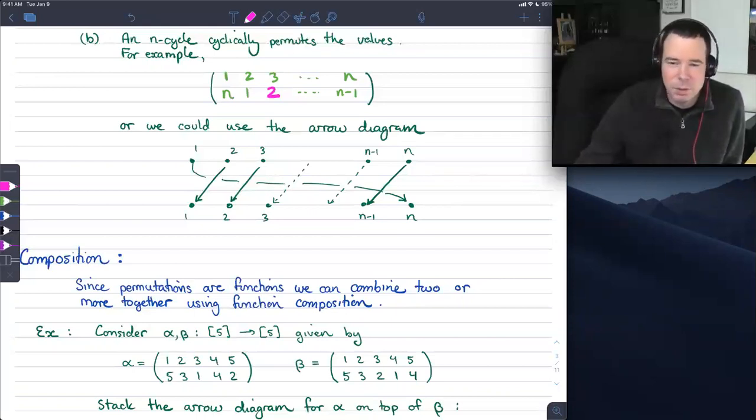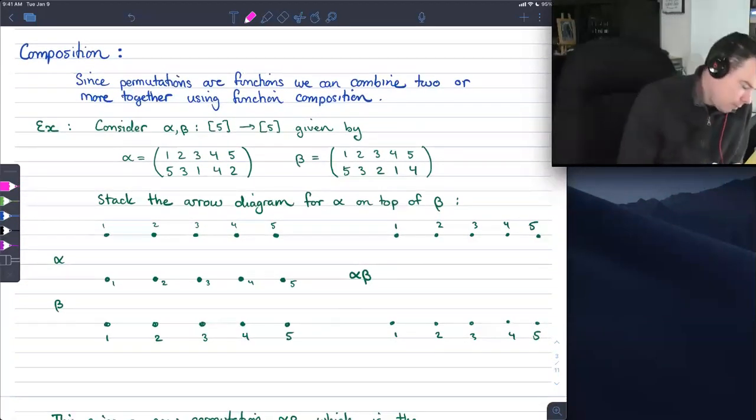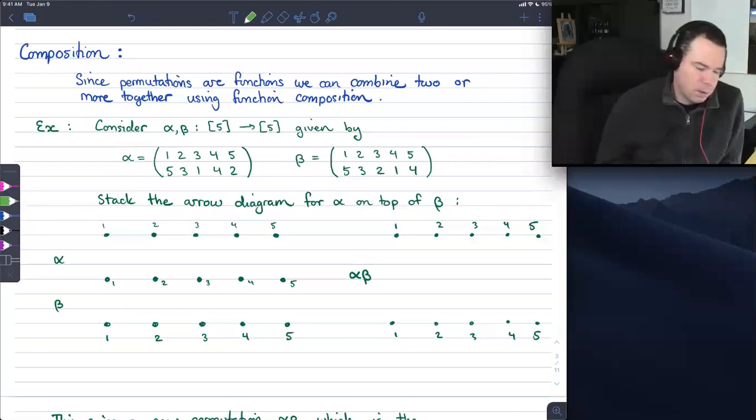And since permutations for us are functions, we can just do regular function composition. So for example, if alpha and beta are 2 permutations on 5 objects, alpha is given there. It sends 1 to 5, 2 to 3, 3 to 1, etc. And beta does whatever it does there. 1 goes to 5, 2 goes to 3, and so on. Then we can compose them together. We can follow one permutation by another.